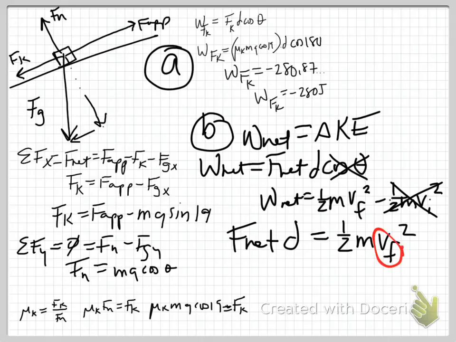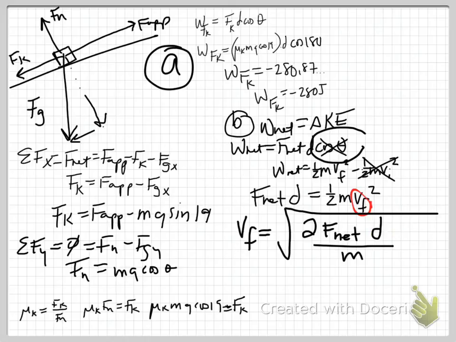The algebraic solution is not terrible, but there are some substitutions. So I've got Vf equals the square root of 2 Fnet d over m. We got rid of the cosine theta here. We got rid of the 1/2 mvi squared there. Pretty simple, but now we just need our Fnet. And of course, that is the force applied minus the force of kinetic friction minus the force of gravity on the x.